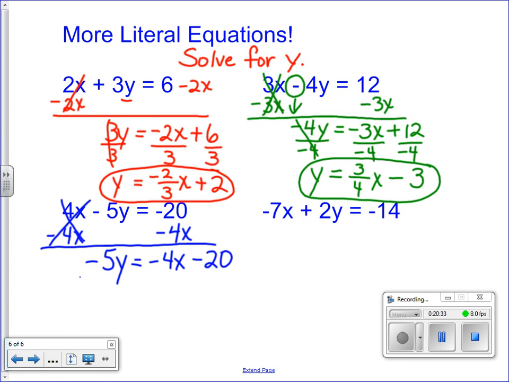All right, let's divide all of our terms by negative 5 to undo that multiplication. Okay, negative 5y divided by negative 5 is a positive 1y. On the right side, negative 4x divided by negative 5. A negative divided by negative is positive, so I have 4/5 x. And minus 20 divided by negative 5 is positive 4.